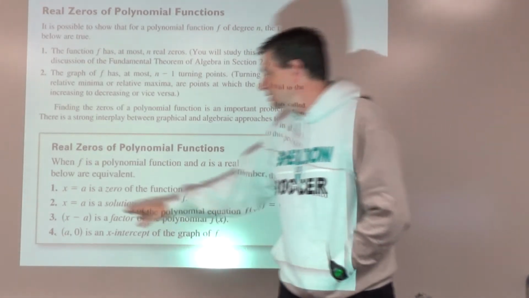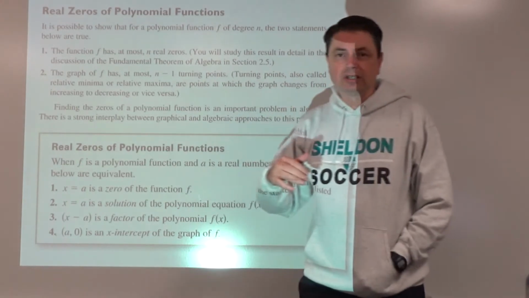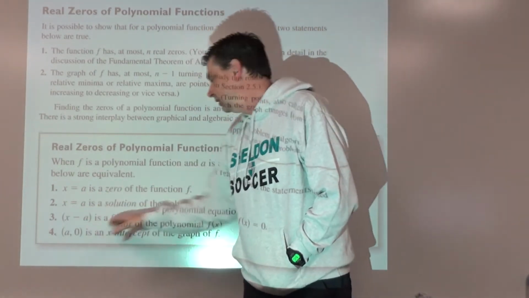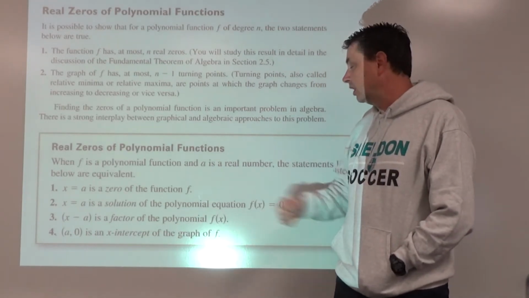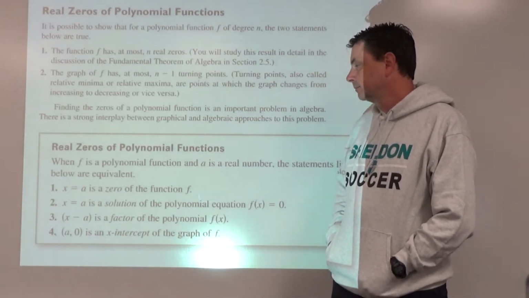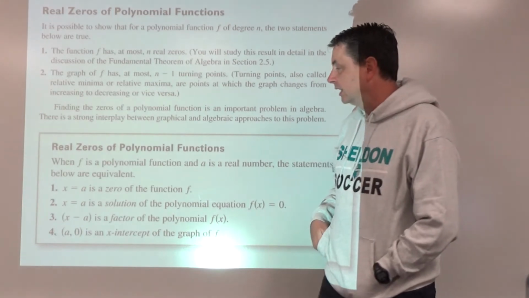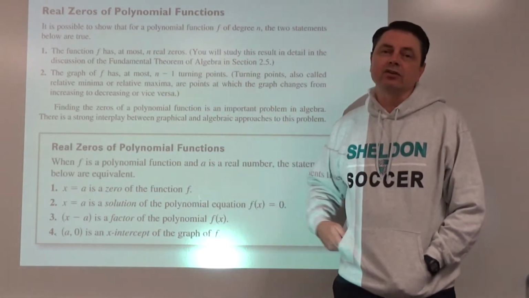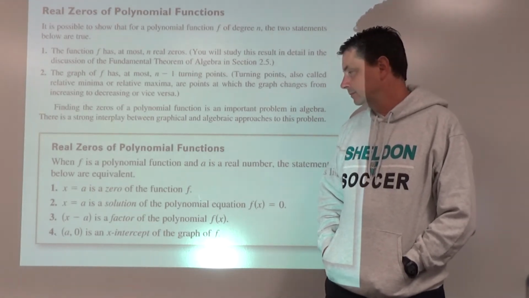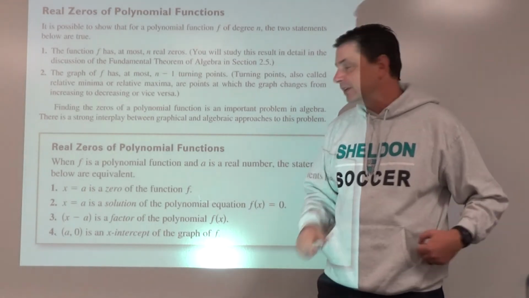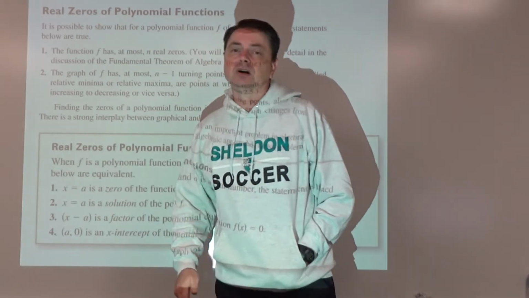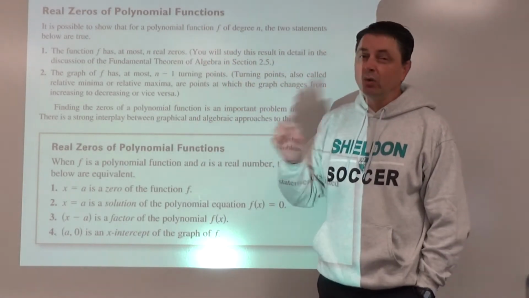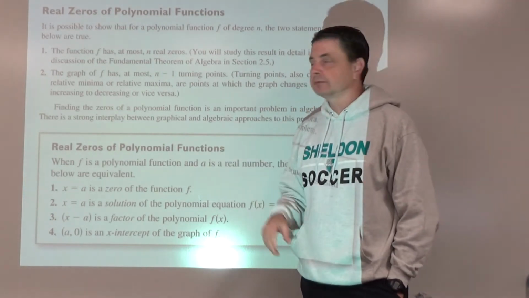Well, that means that if we turn it into an equation, f of x equals 0, then x equals 10 is a solution of that equation. Probably more importantly, it tells us that x minus 10 is a factor of the polynomial function. And if we were to graph it, 10 comma 0 would be an x-intercept. So if we know one of those, we know all of those.